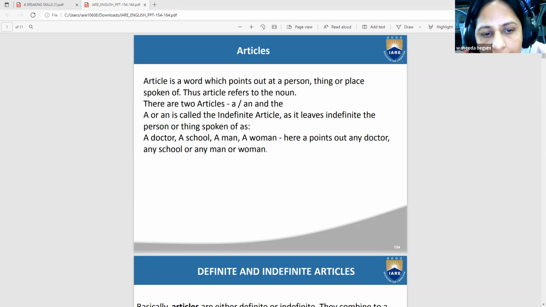The indefinite article is used before a singular countable noun, for example a book, an orange, a girl. The definite article is used before singular countable nouns, plural countable nouns and uncountable nouns. For example, the book, the books, and the milk.